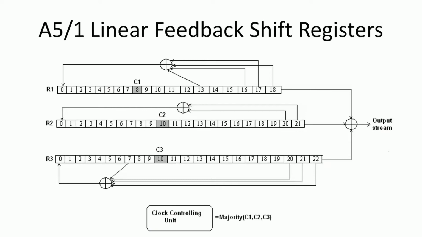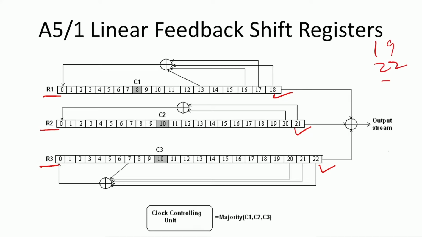So in A5/1, we actually have 3 linear feedback shift registers, okay? And the first one is 19 bits, labeled here from 0 to 18. The second one has 22 bits, and the last one has 23 bits.